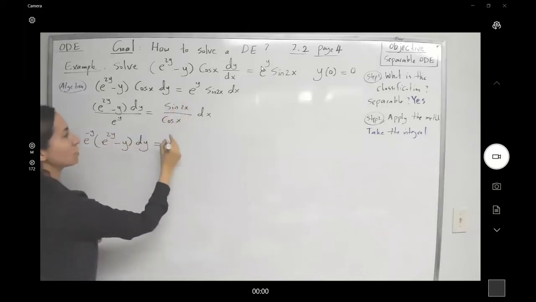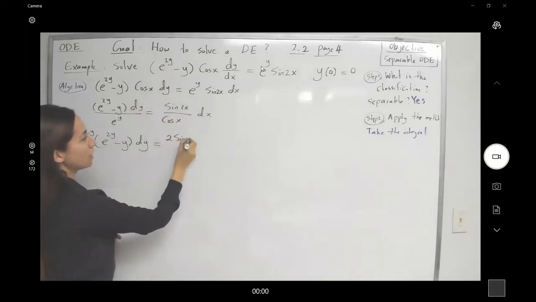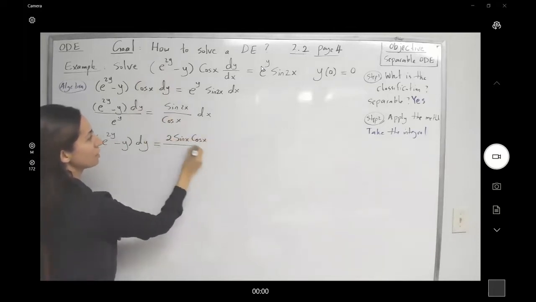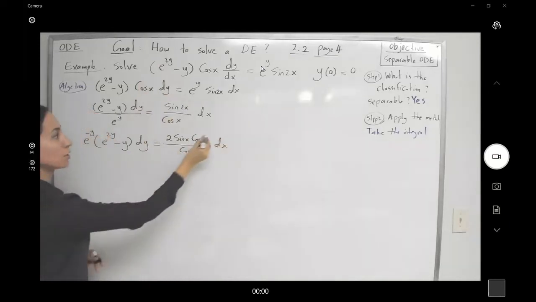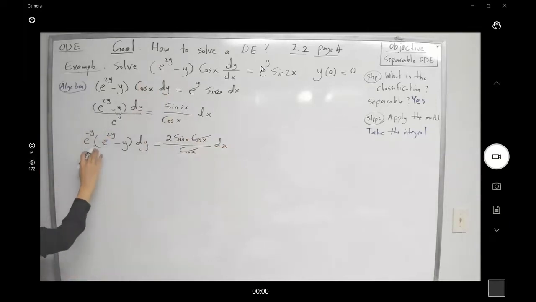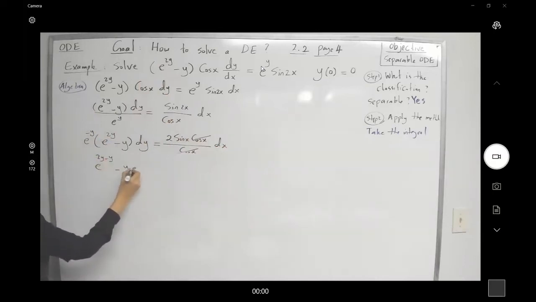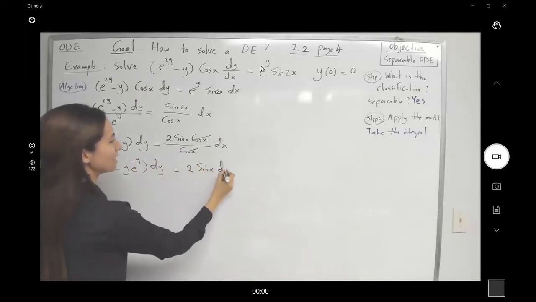And at the same time, you have sine 2x, going back to precalculus, you get 2 sine x cosine x divided by cosine x dx. As you can see, you can cancel out cosine x and cosine x. If you distribute e to negative y into the parentheses, you get e to 2y minus y e to negative y dy equals 2 sine x dx.